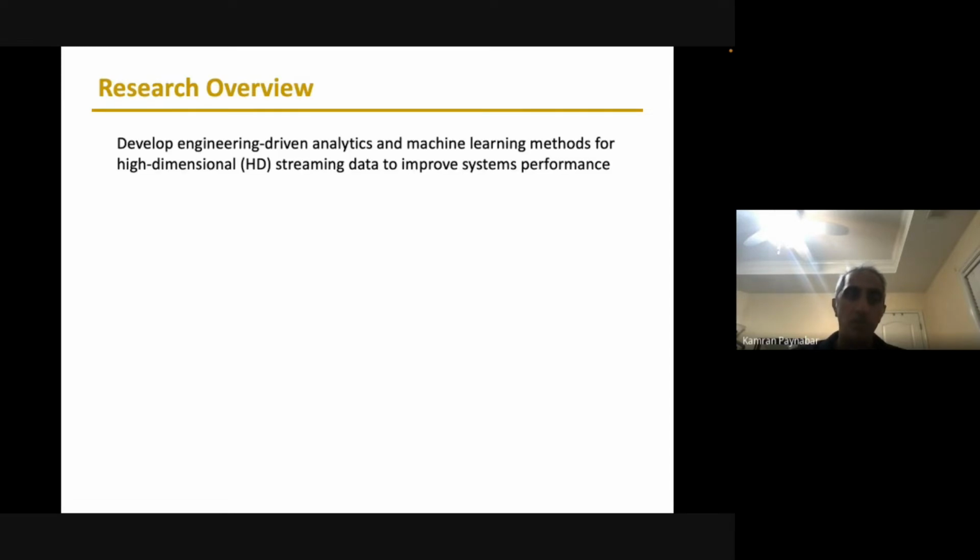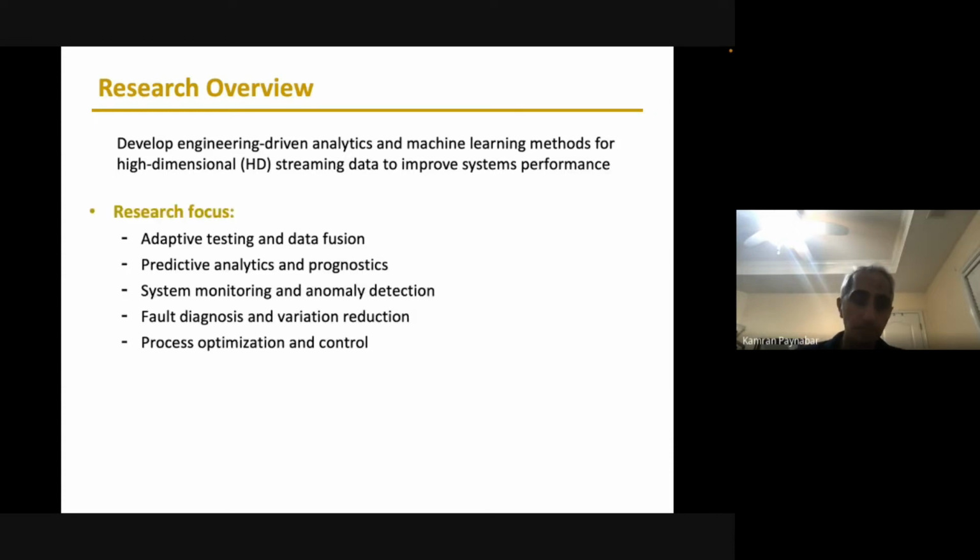Okay, so what I do is focus on developing engineering-driven analytics and machine learning for high-dimensional data, mainly high-dimensional streaming data, and the main purpose is to model a system and try to improve it. And how can we improve that?